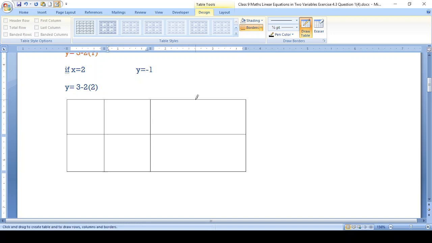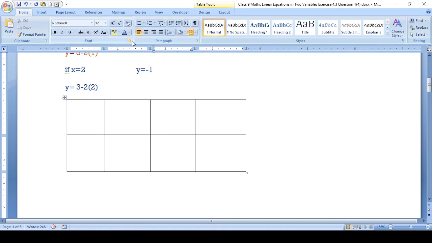In the top boxes we show the values of x, and in the bottom boxes we show the values of y. So 0, 1 and 2 were the different values that we chose to get the value of y.